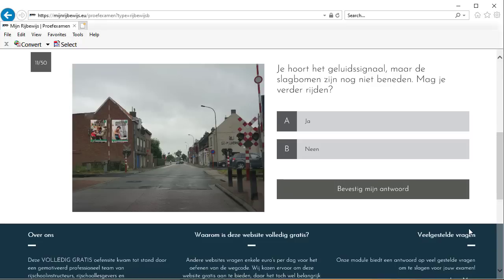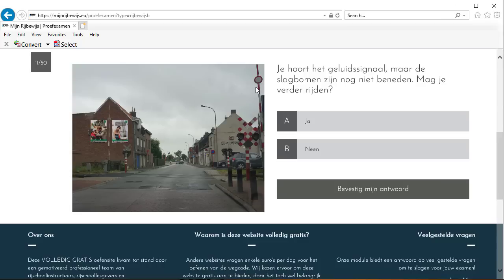You hear the warning bells, but the gate at the level crossing is still not going down. The gate has still not gone down.